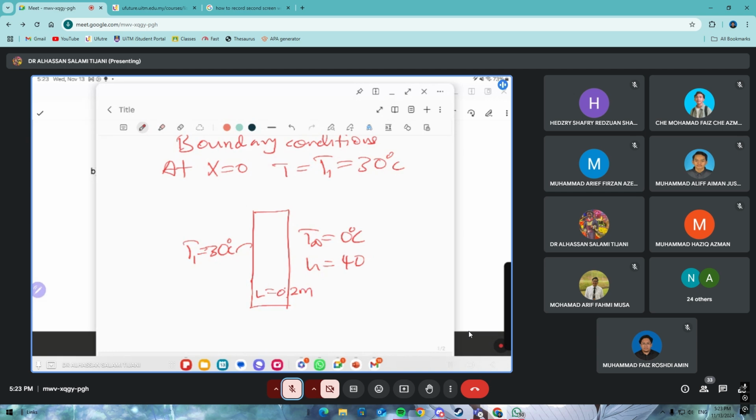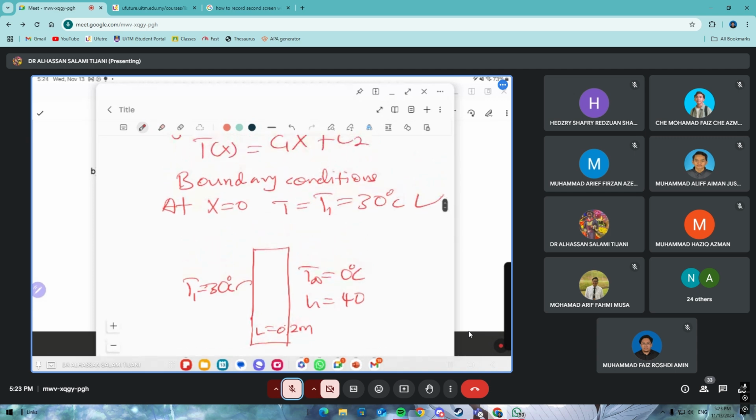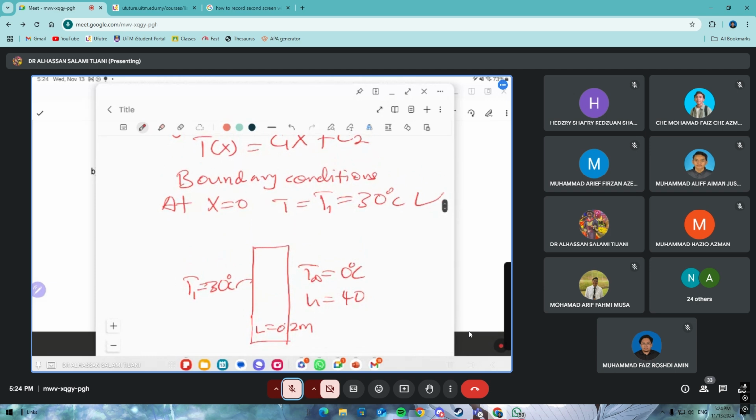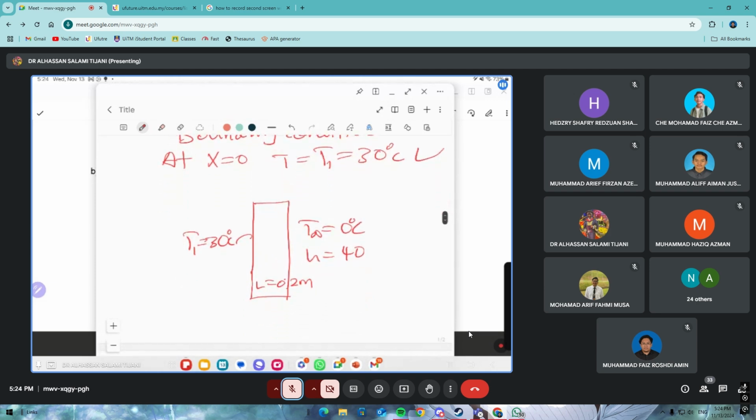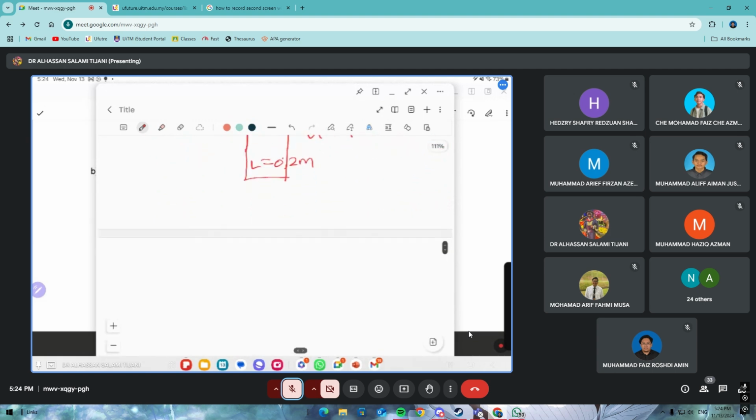Okay, so now, based on this boundary condition, at x equals 0, T equals 30. So the function is T of x equals C1 times x plus C2.